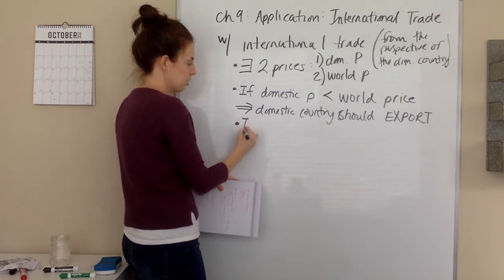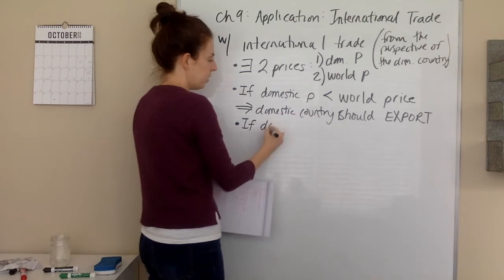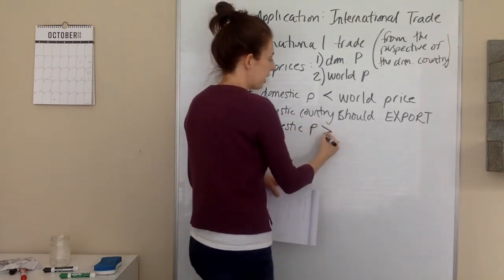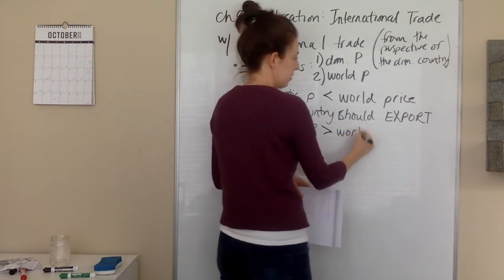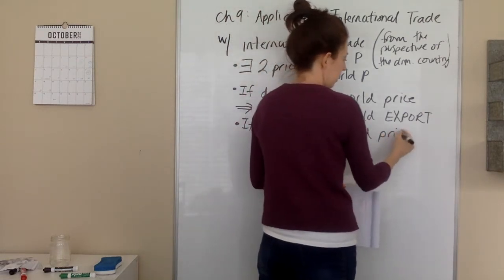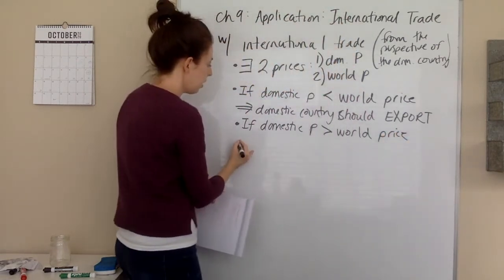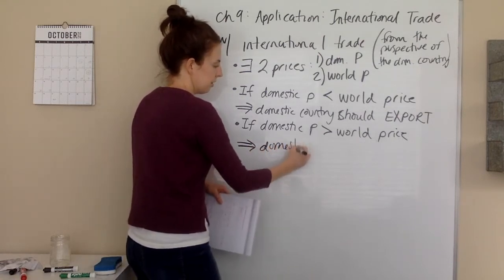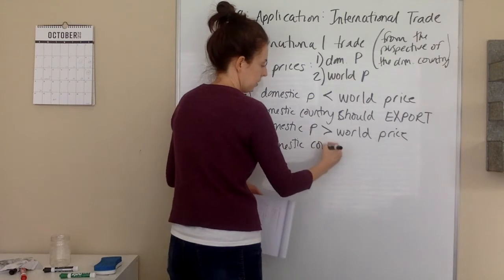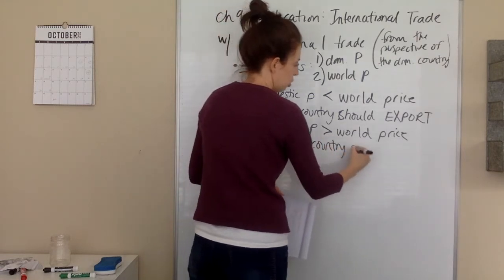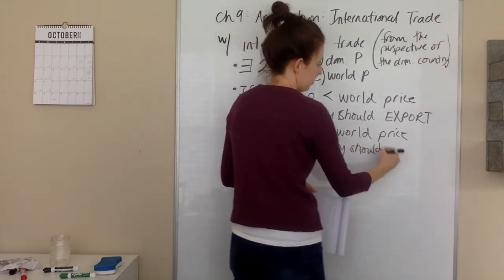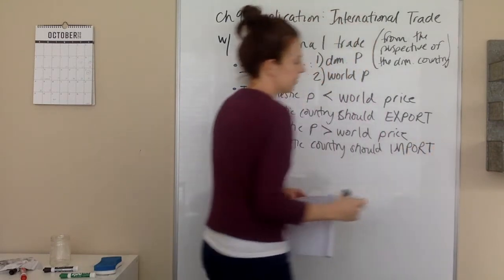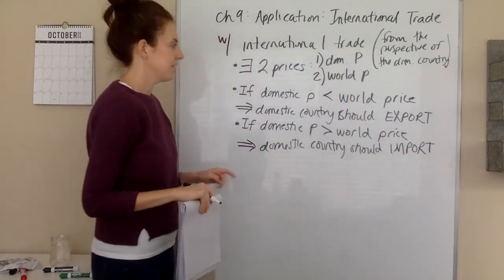Okay, if the reverse were true, and the domestic price were greater than the world price, then we should see the opposite. In this case, the domestic country should import the good from the rest of the world. Think about why this is the case, and then we'll use rice as an example.